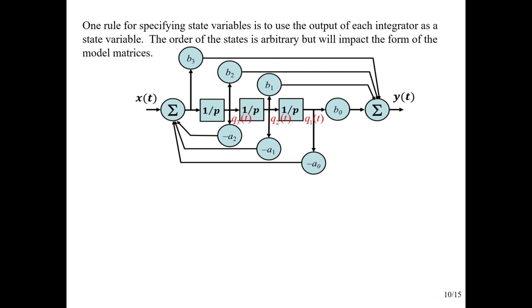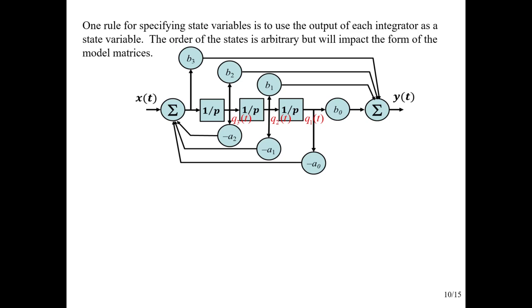So here's the deal. If we have a block diagram, whatever form it is, the simplest way to specify the state variables is to pick the state variables as the outputs of the integrator boxes. So every form of continuous time block diagram is going to have a whole bunch of these integrator boxes, and however many it has, that's the order of the system.